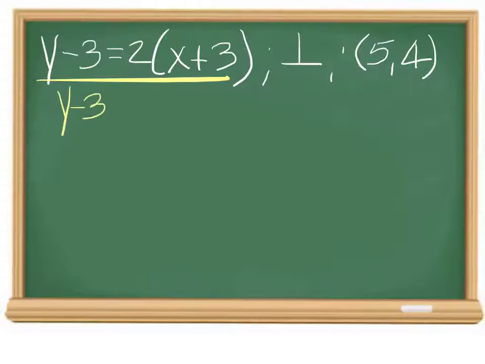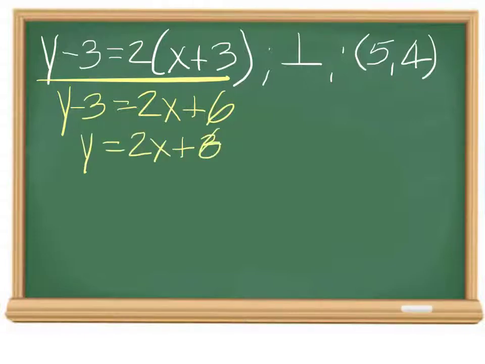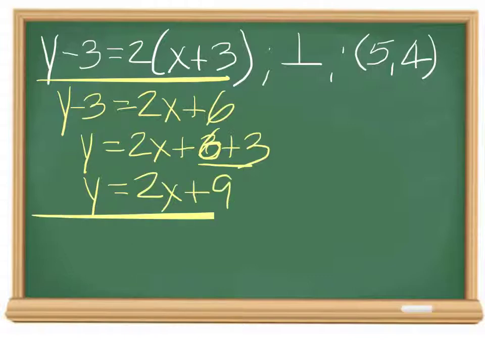To do that, you must start on the right side and multiply by 2 all the way through, and then move that minus 3 from the left to the right and make it plus 3. 6 plus 3 is 9. Now this is the same as this, just a different form.